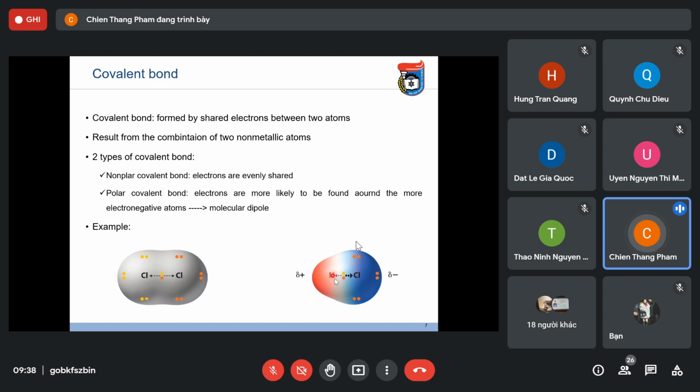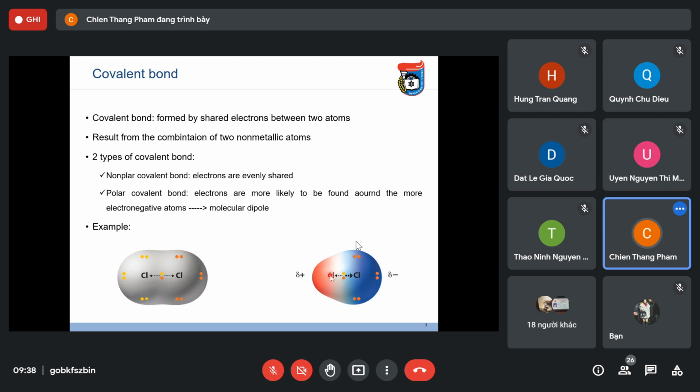However, when we consider another example, hydrogen chloride, the combination of hydrogen and chlorine atoms, the electrons are likely to move towards the more electronegative element. There is one sharing electron pair between hydrogen and chlorine.